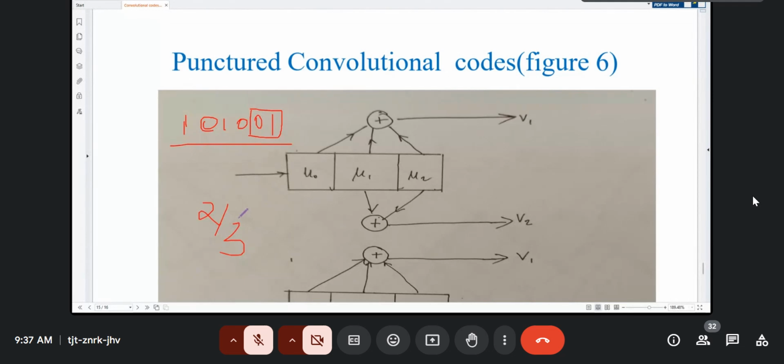Remember we said you could do QPSK by taking 2 bits at a time and putting one on the I arm and the other on the Q arm. That's what we are saying here. So you get 2 bits, you put 1 bit on this encoder and the other bit on the other encoder. Then since you want 2 by 3, you do puncturing.